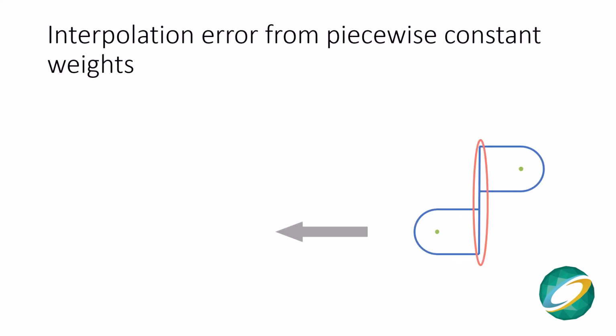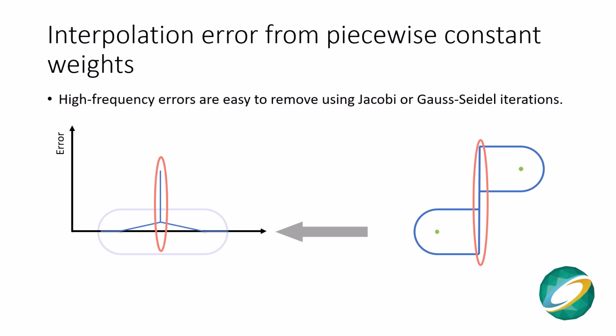But we find the cliff caused by piecewise constant weights is not that bad in our multigrid scheme. The error it created compared to the exact solution looked like an impulse function, which is extremely high frequency. Remember that high frequency errors are easy to remove when applied with some smoothers.